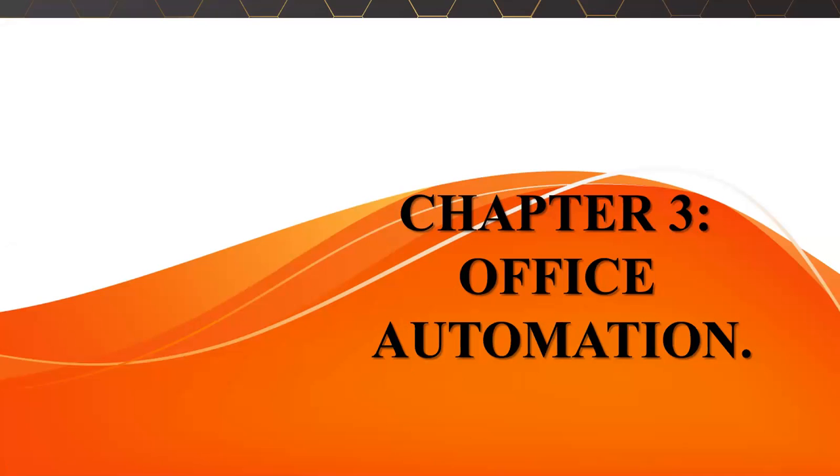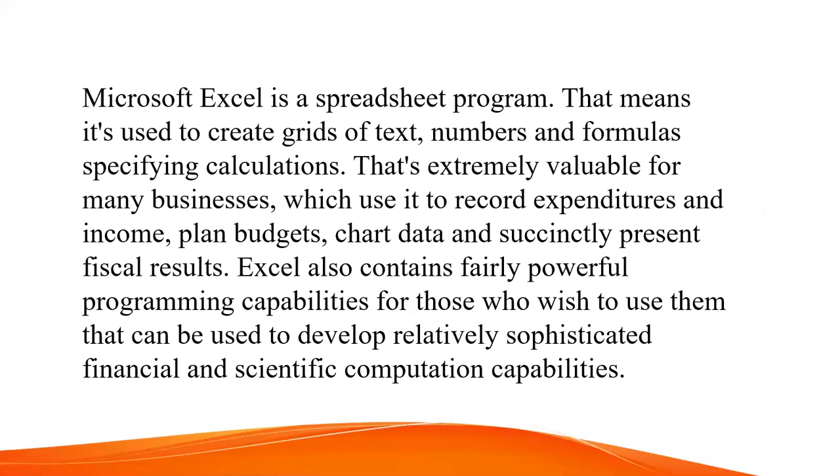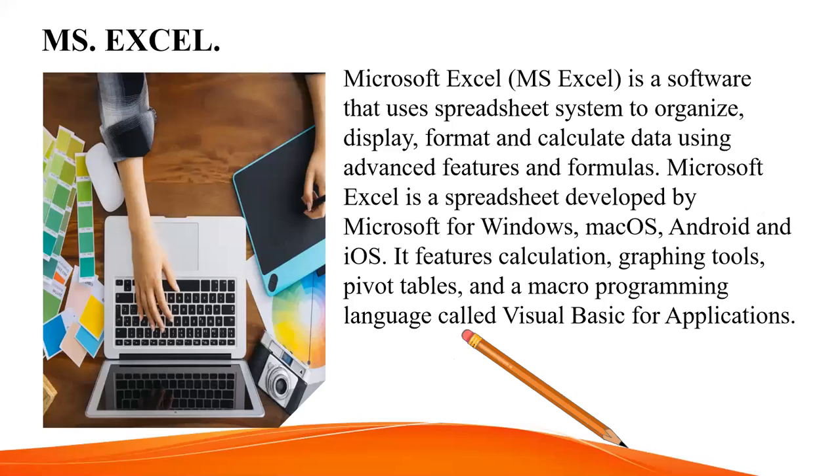We already have done the practical of Word, in which I gave you the format of an application, and in the next lab I'll give you the format of a table to draw in Word and to introduce Microsoft Excel, right? This is chapter number 3, Office Automation, and the next topic is Microsoft Excel.